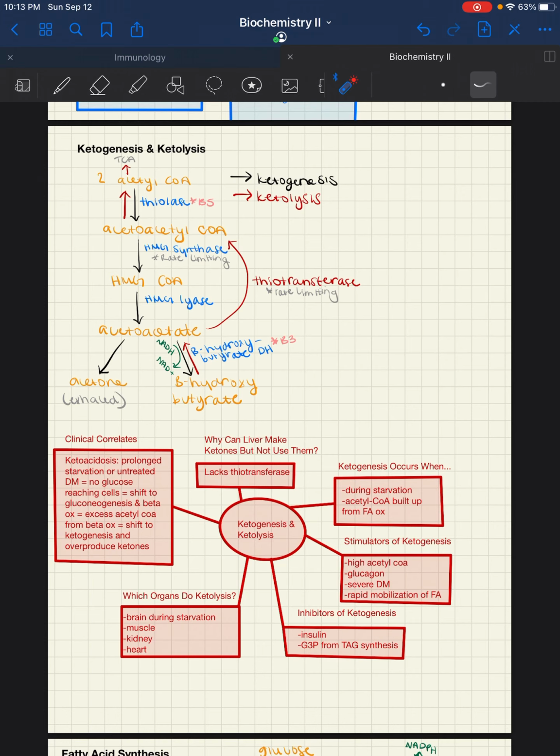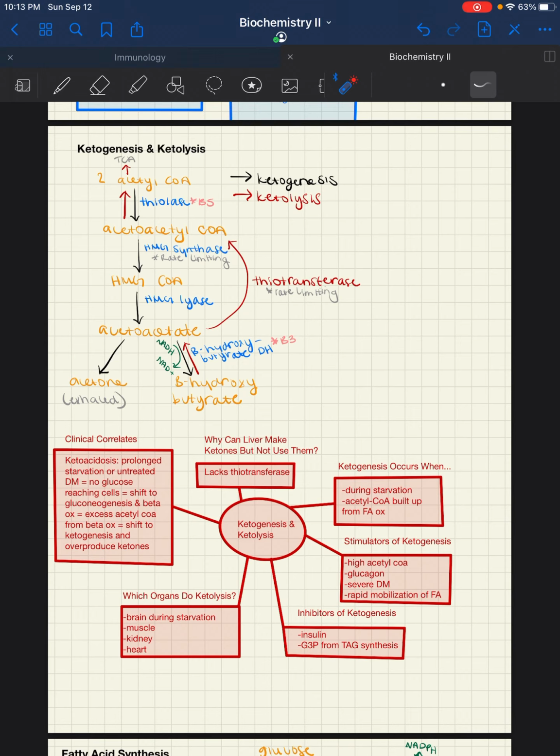Glucagon stimulates ketogenesis because glucagon's the hormone that's high in fasting and starvation. And ketogenesis is happening in starvation. When fatty acids are being mobilized, that will also stimulate this pathway, but it's kind of upstream.